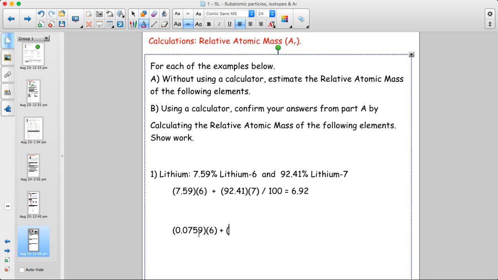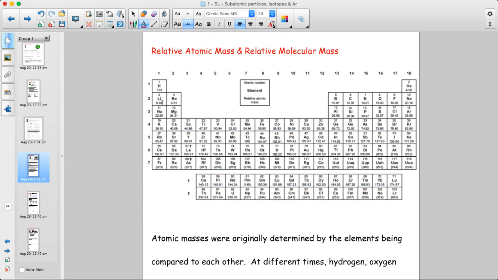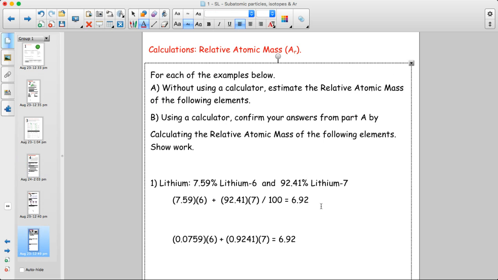And this is times 7, and you will get the exact same value. Okay. So either one of these mathematical ways is correct. And this is the value that you would see on the periodic table. If we skip back here and we look at lithium, 6.94, our average value was 6.92. Okay, so not bad for quickly doing it with the numbers given.